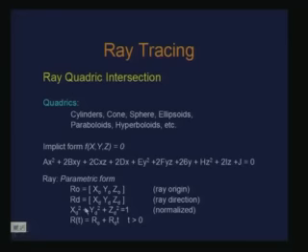So, again if I consider the parametric form of the ray, then it is just a matter of substituting this ray equation into this and solving for t, just exactly the same way as we did it for sphere.